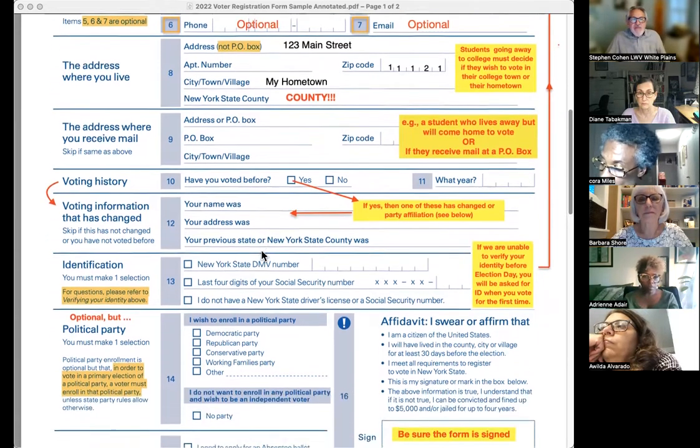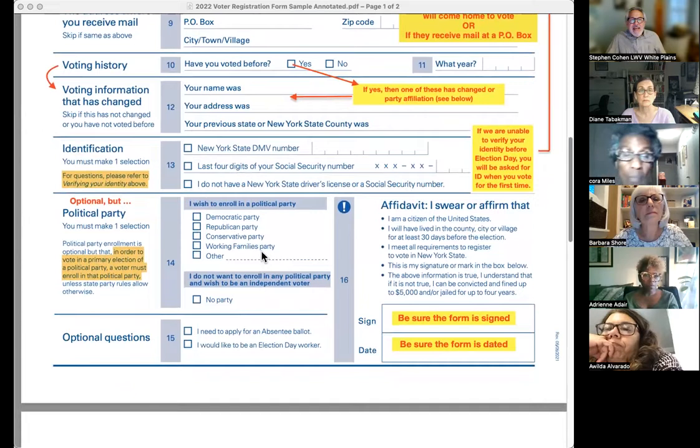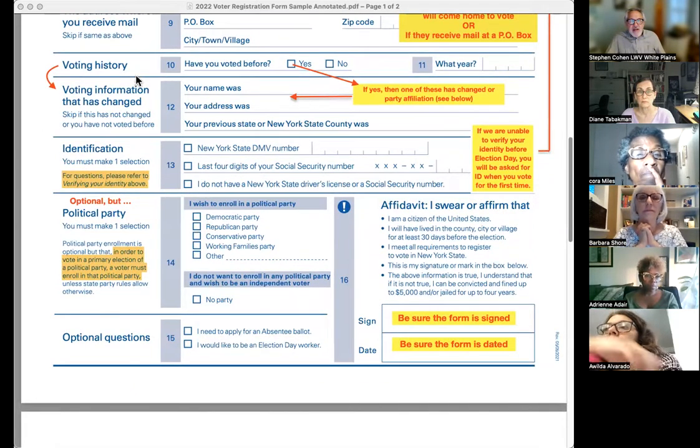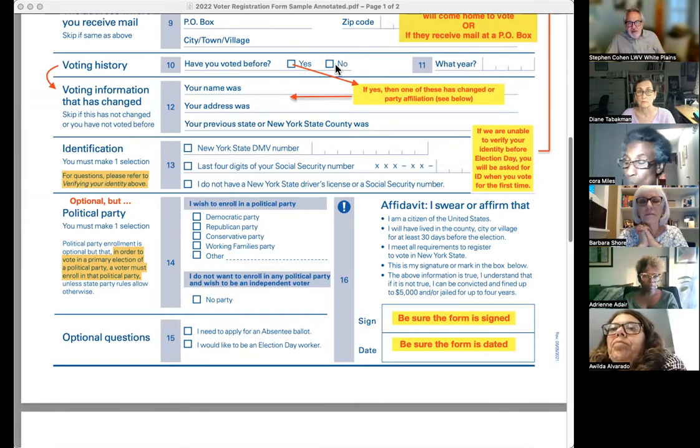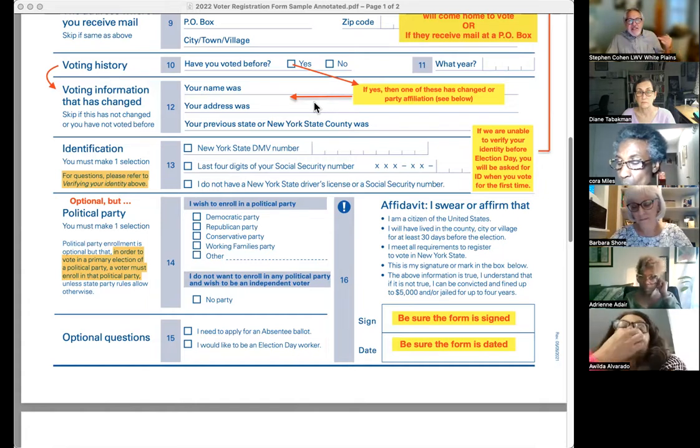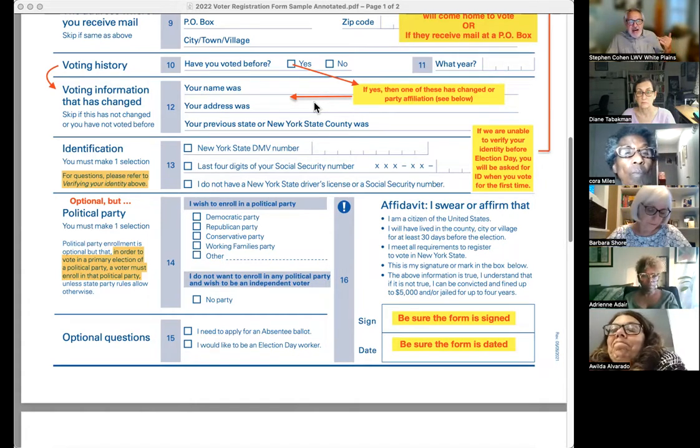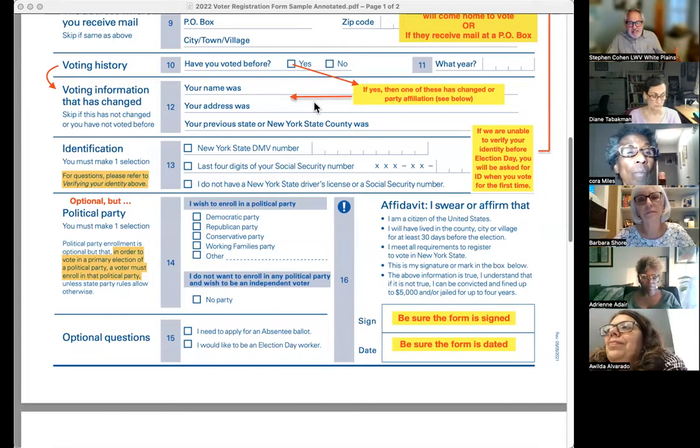Okay, so items 10, 11, and 12, these two lines are really sort of related. If it's a first-time registrant, then the answer to the question, have you voted before, is no. Now, you will recall at the beginning of this presentation, I said that the voter registration form can be used for other purposes, and this is where that comes into play.